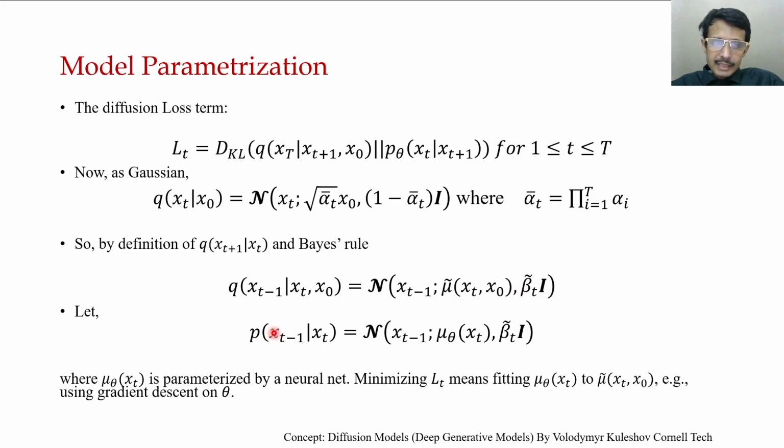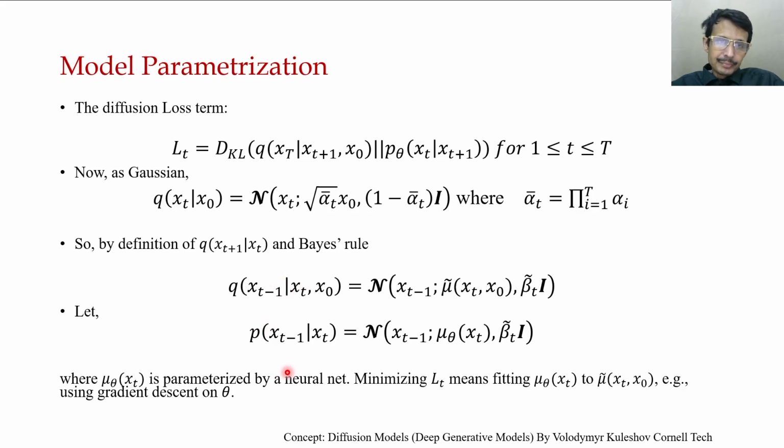Now let p theta of x t minus 1 given x t be this particular distribution, where this mu theta of x t is parameterized by a neural net. Minimizing L t means fitting this mu theta of x t to mu tilde of x t and x 0 using gradient descent. So this is why we are trying to model our parametric model.